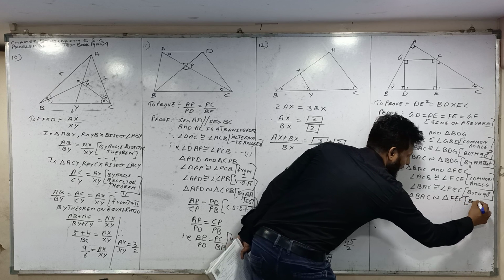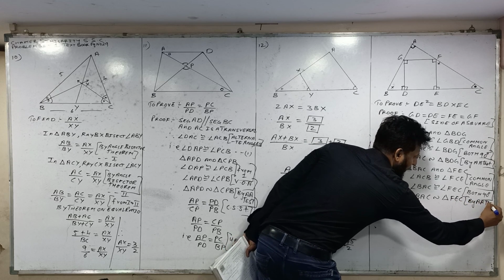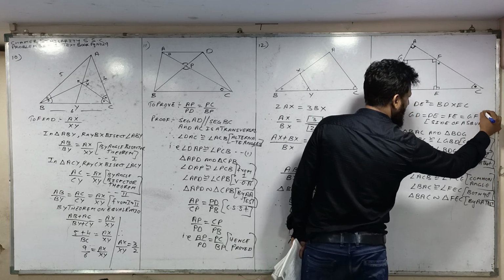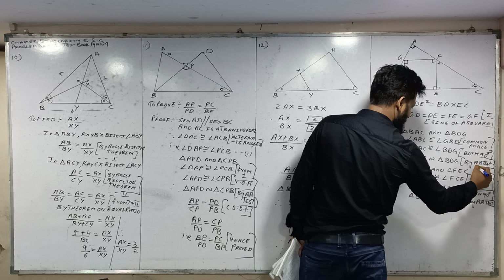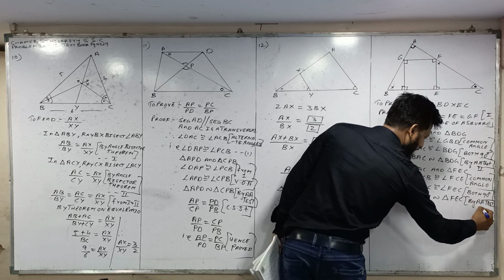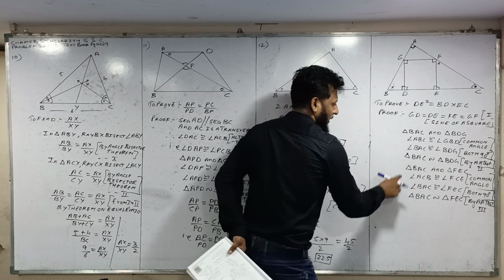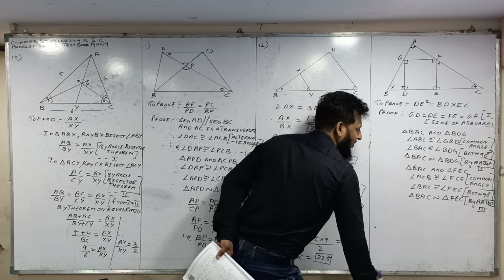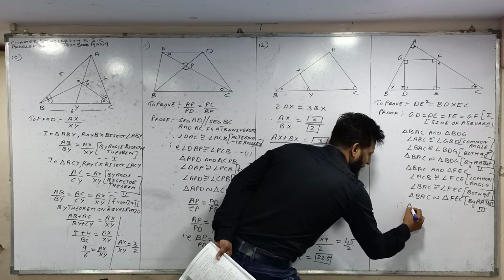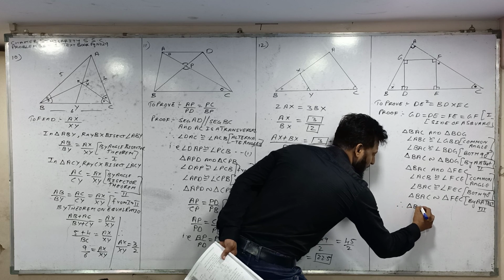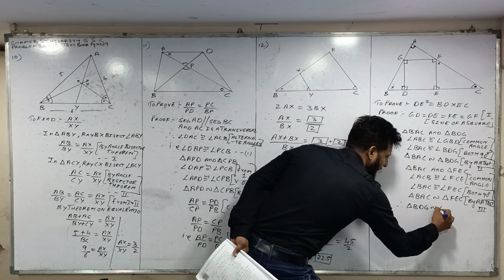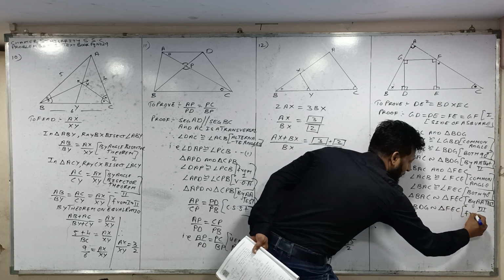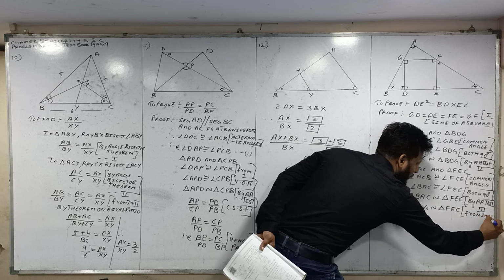Okay, so this is 1, this is 2, and give the number 3. So in 2 and 3 you can see BAC similar to BDE and BAC similar to FEC. Therefore triangle BDG similar to triangle FEC from 1 and 2.